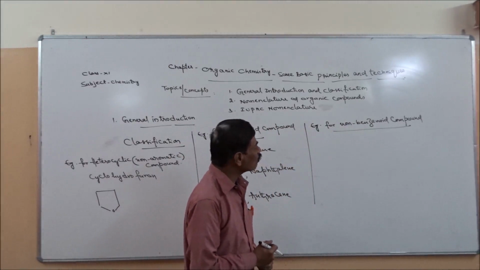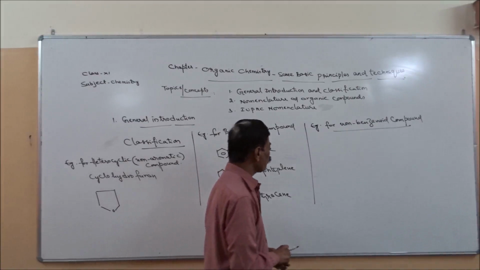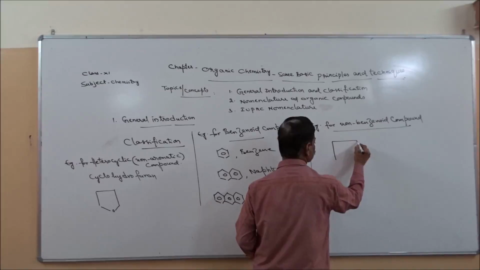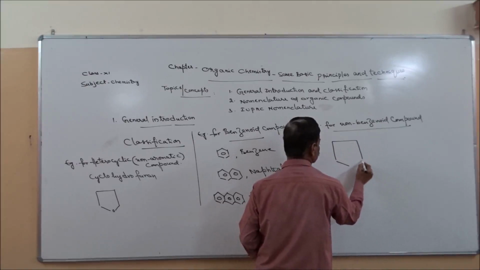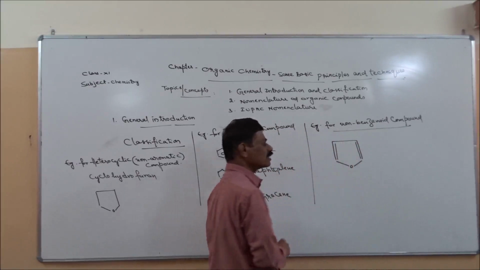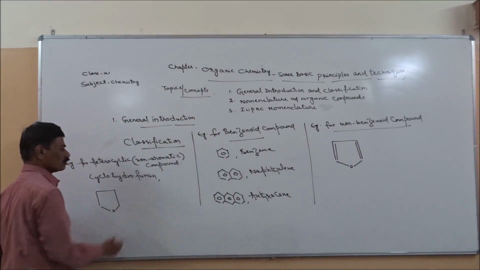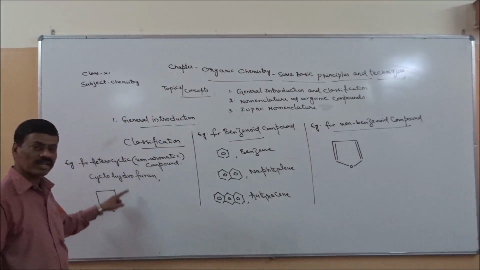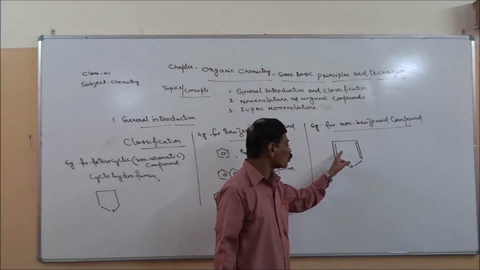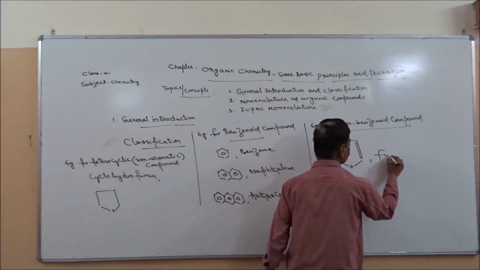Now let us see the best example for non-benzenoid compound. You look at cyclohydrofurane. This is the structure of cyclohydrofurane, and here we have kept two pi bonds. So this compound has now become furane.